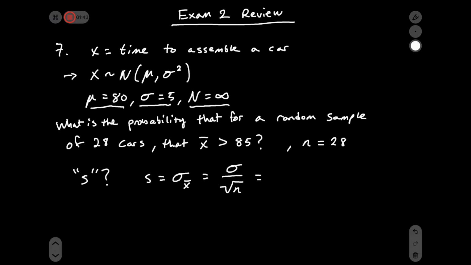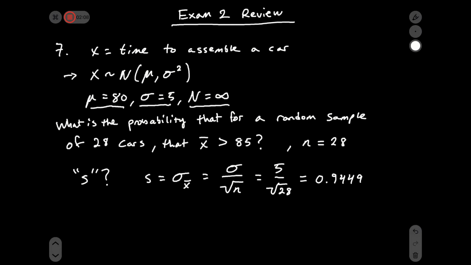And we know both of these. They're given to us in the problem. This is 5 divided by the square root of 28, which gives us 0.9449. We can't necessarily assume that the standard deviation of the sample size will equal the standard deviation of the population.